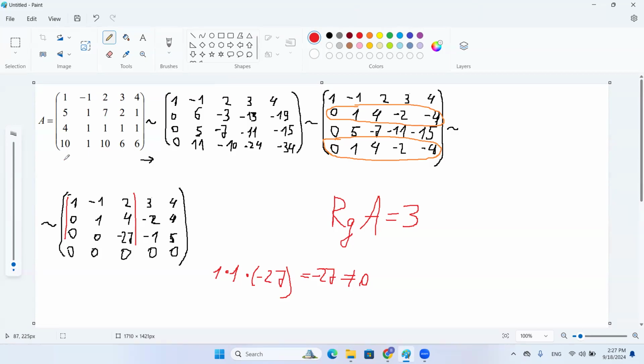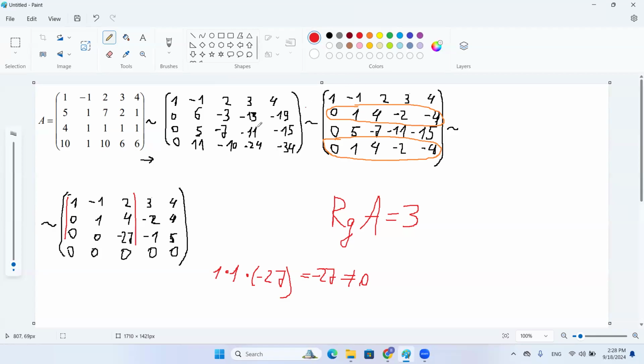We can use bordering minors. It depends on the task, actually. And for this matrix, it's a good example to try such a method, because we have two of the same rows, and we can just eliminate. Did I answer your question or not?